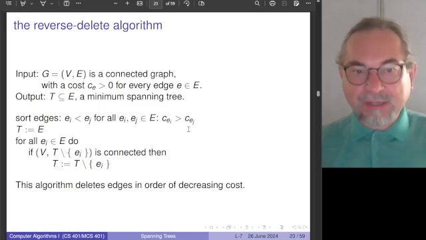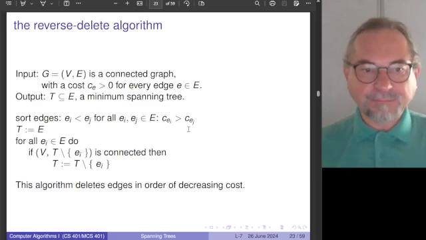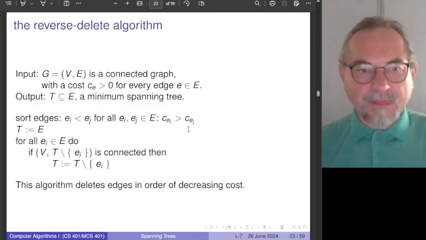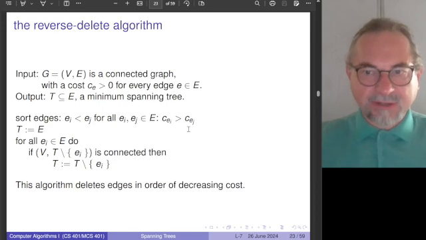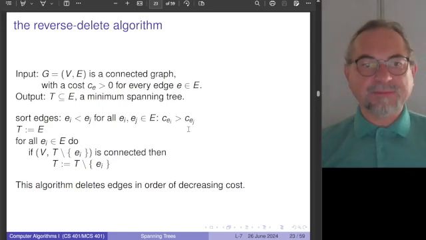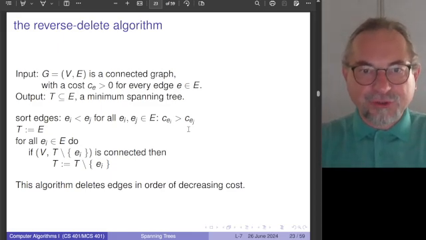And we keep on doing that as long as the graph is still connected. So we consider all the edges that we can delete, starting with the highest ones. So this is the principle of the reverse delete algorithm.